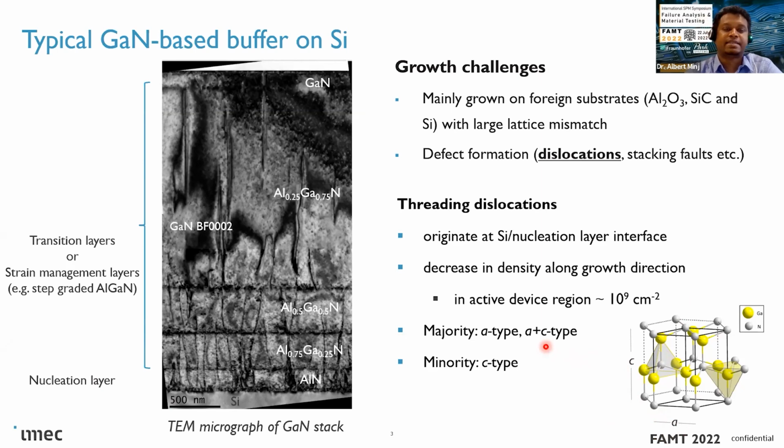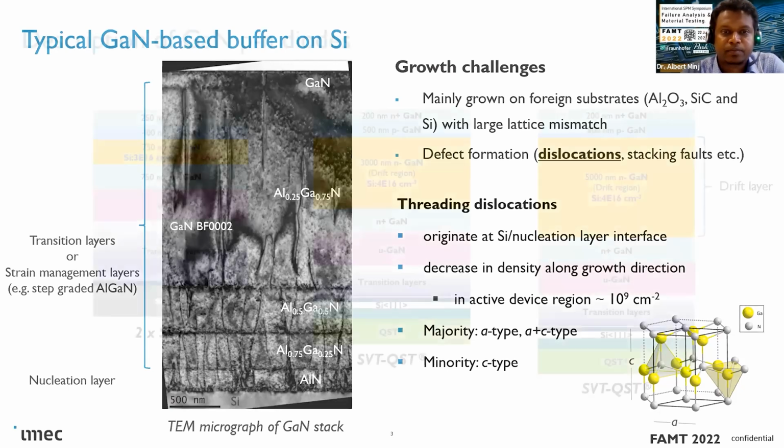In most cases, the majority of threading dislocations formed in GaN are A type and A plus C type, and very few pure C type threading dislocations are seen. This is the topic I will be presenting: how we managed to study these threading dislocations and their electrical properties.